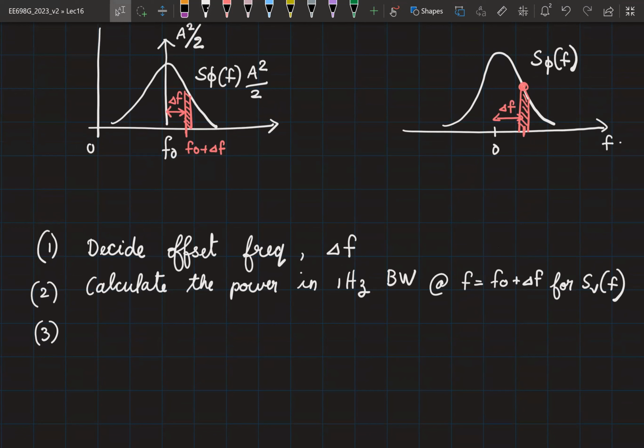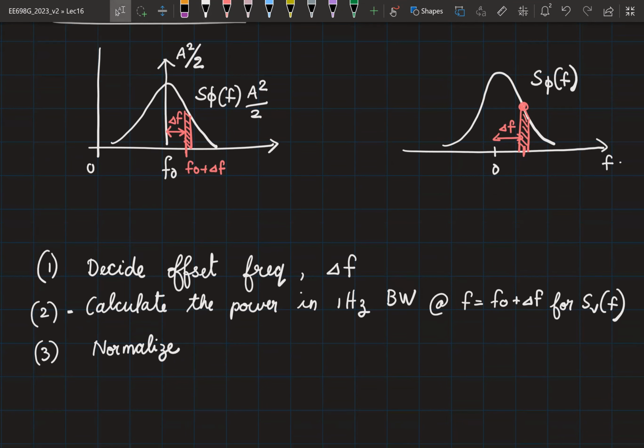So we calculated the power here, then we normalize it to the carrier power. Yes, we are finding S phi of f at an offset frequency, but this is how we formally define it and formally report it. Using this voltage domain PSD, we are going to report the values of S phi of f.